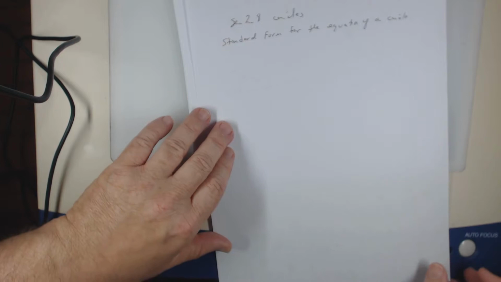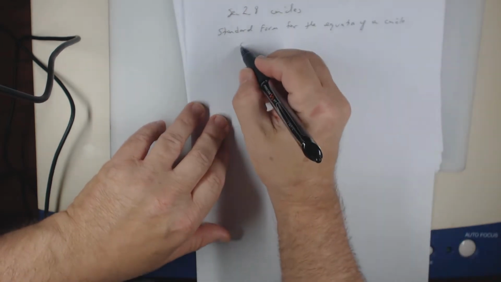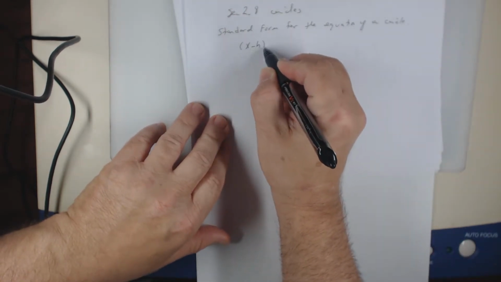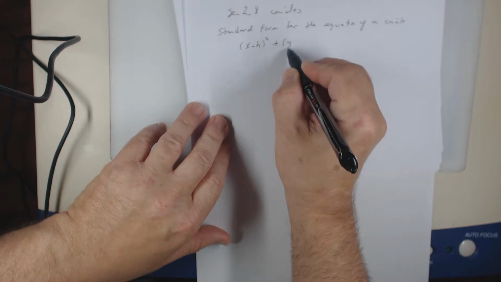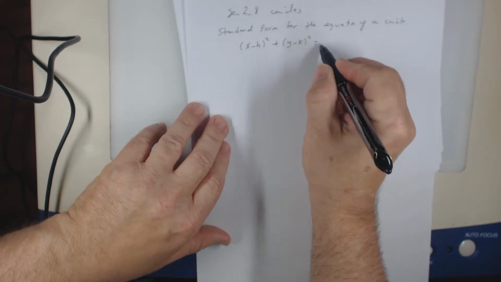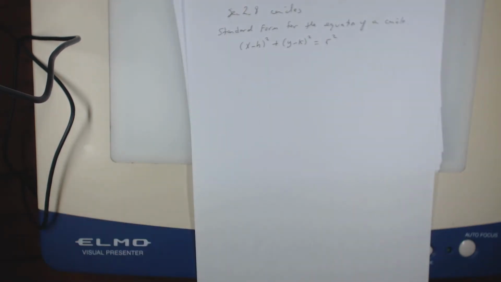All right, so the standard form for the equation of a circle is this. It's x minus h squared plus y minus k squared equals r squared. So that's the standard form for the equation of a circle. R stands for what? Radius.